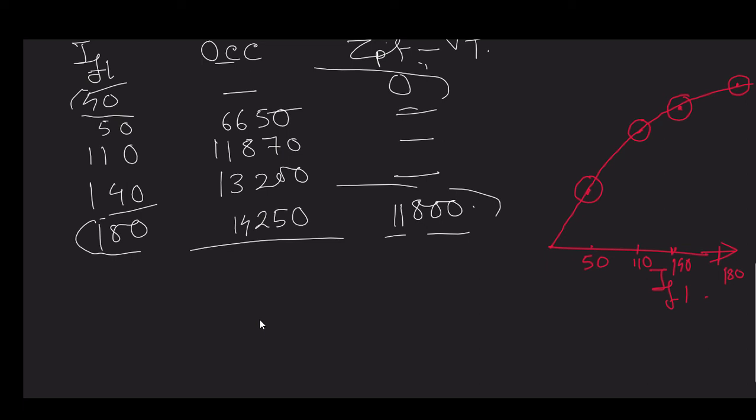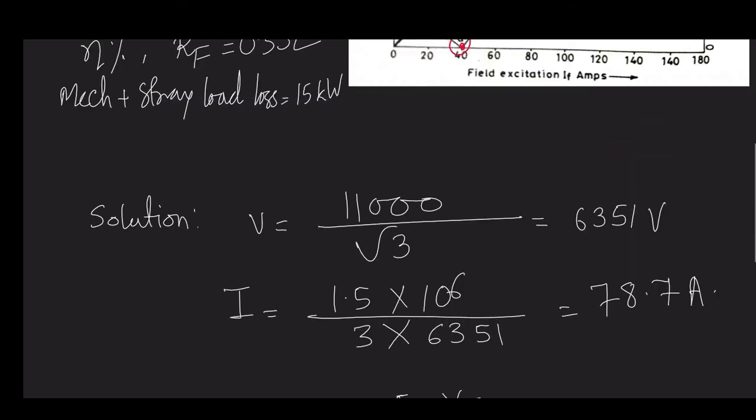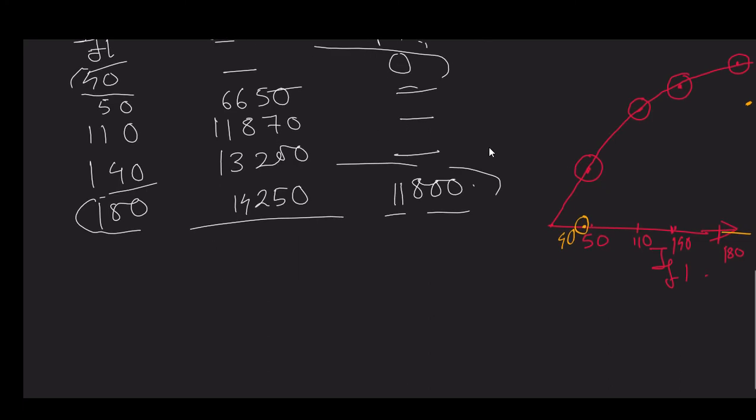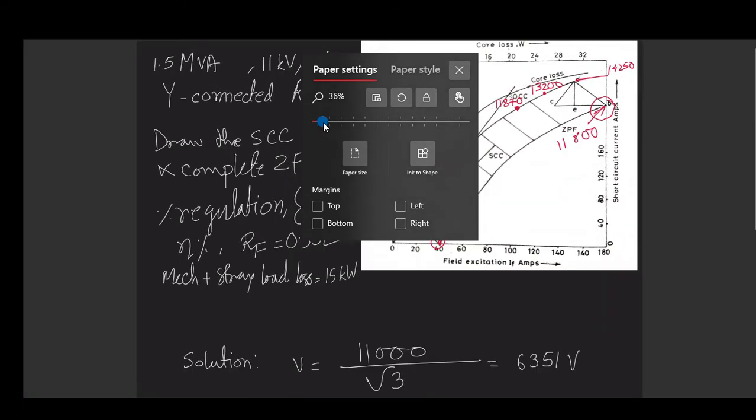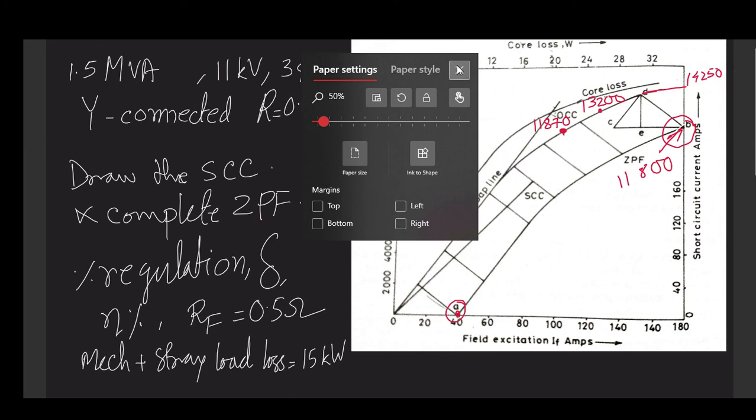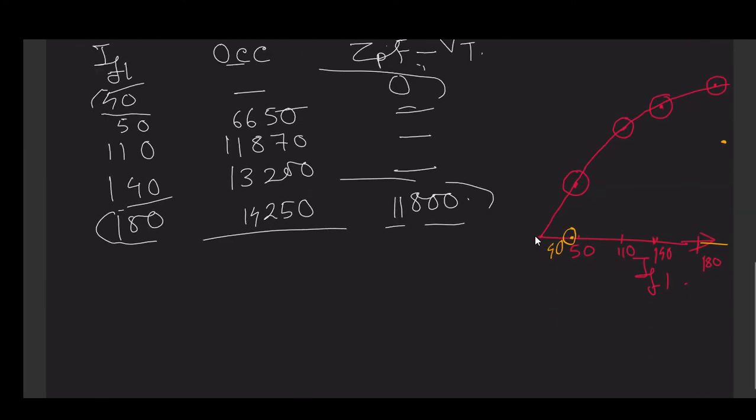Now you know two extreme cases, like here at 40 you know, and for 180 you also know that is given, that is 11,800. So these two extreme points are given.